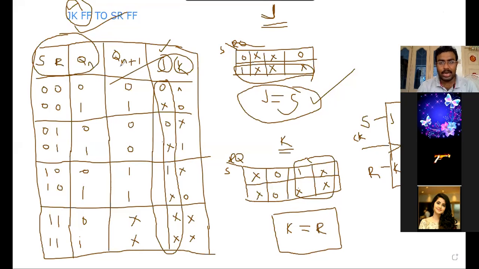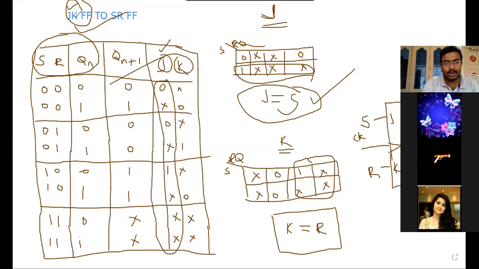Guys, in a quick session, let me explain what are the steps that we have followed in the conversion. Since they asked JK to SR conversion, you consider the SR flip-flop's truth table. S and R are the inputs, Qn is your present state, Qn plus 1 is your next state. So write the complete truth table of SR flip-flop. And you consider the flip-flop from which you are trying to convert.